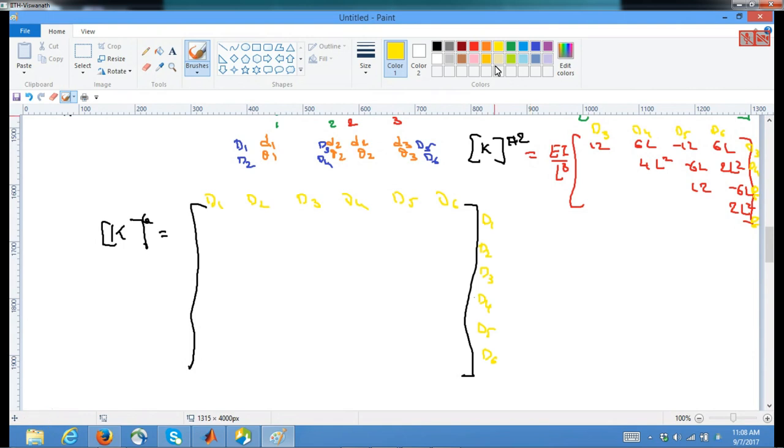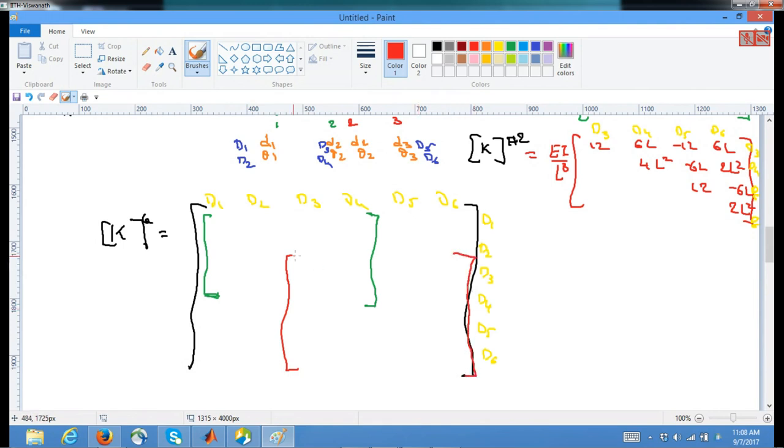The first element stiffness was coming and sitting here from D1 to D4, while the second element stiffness was coming and sitting from D3 to D6.